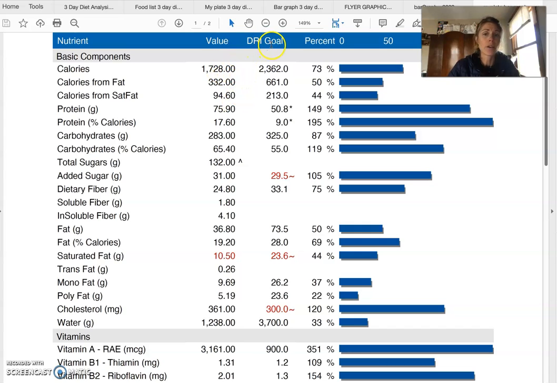The DRI column was the numbers that were spit out to you based off of your profile information: your height, your weight, your activity level, whether you are pregnant or breastfeeding, male or female. That's where these numbers are generated from.